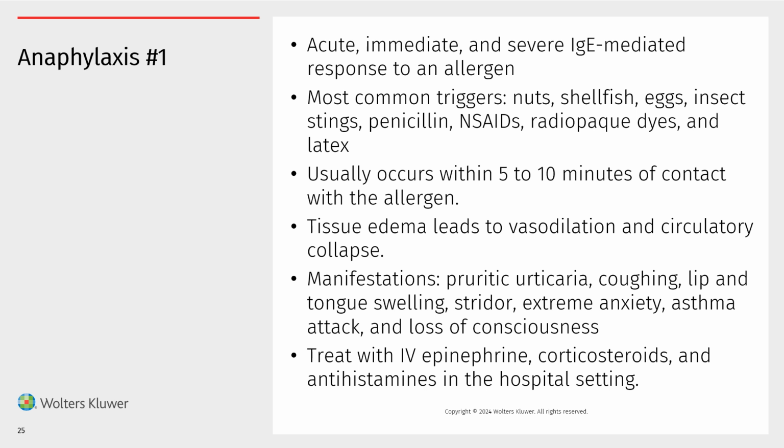Usually occurs within 5 to 10 minutes of contact. Tissue edema leads to vasodilation and circulatory collapse, and they get a rash, coughing, lip and tongue swelling, maybe loss of consciousness. And then we treat with IV epinephrine, corticosteroids, and antihistamines.